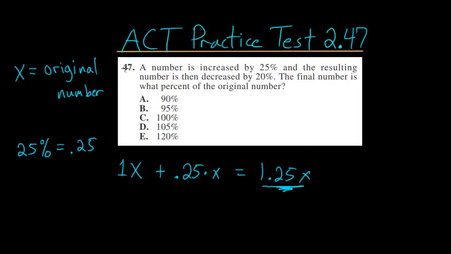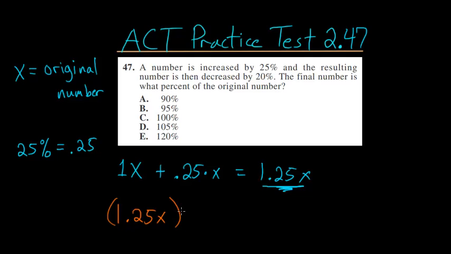When you read this paragraph here, we increased our number by 25%, and then the resulting number is then decreased by 20%. So we have to take this number here, this 1.25x, and decrease it by 20%. So we have our 1.25x, our new number, and we're decreasing it by 20%.